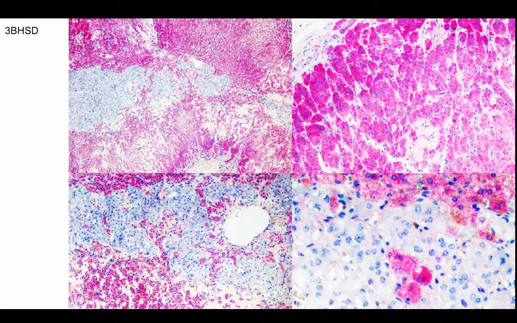This is just some of the non-neoplastic adrenal glands showing diffuse staining through all three layers of the adrenal cortex for 3-beta-HSD. Calretinin immunostain is interesting because we often use that as a marker for neoplastic adrenal lesions, but it's aberrant expression, and it's actually negative in non-neoplastic adrenal gland.